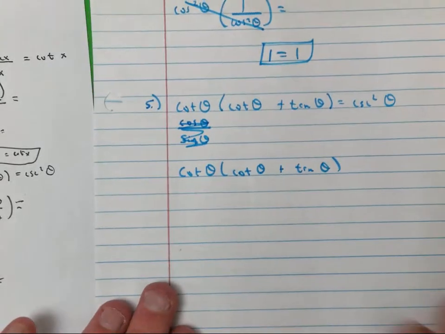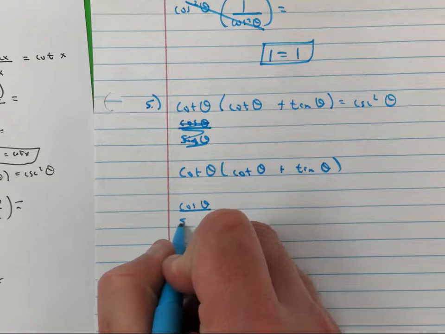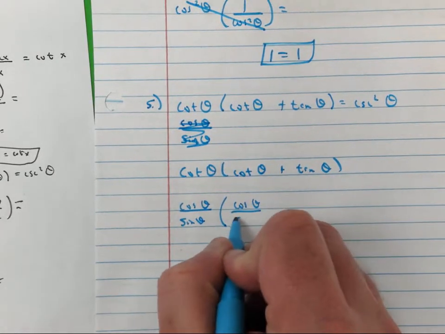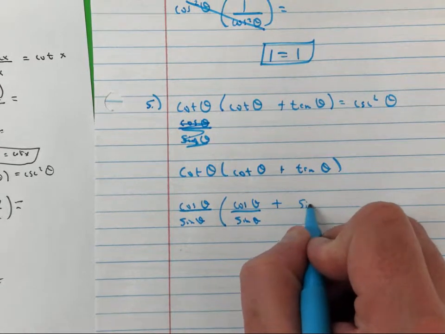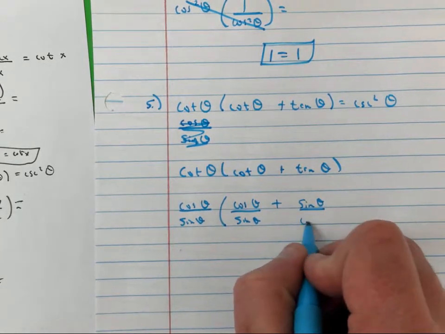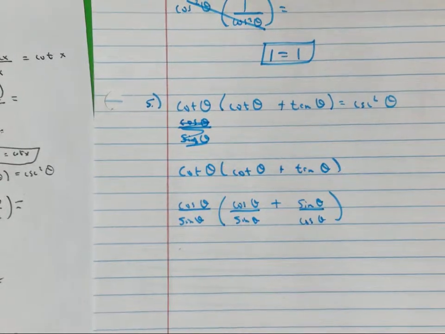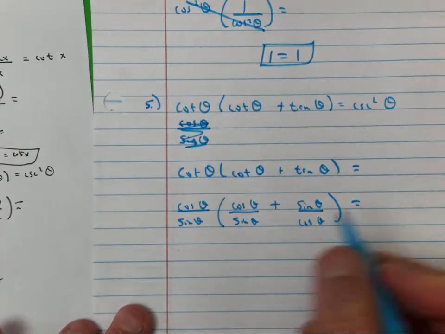Alright. Now, so I got cosine theta over sine theta, parentheses, cosine theta over sine theta plus sine theta over cosine theta. Well, when I do it like that, guys, inside my parentheses I'm adding 2 fractions. Okay, that means I need to find a common denominator.